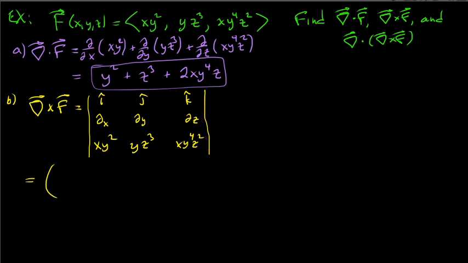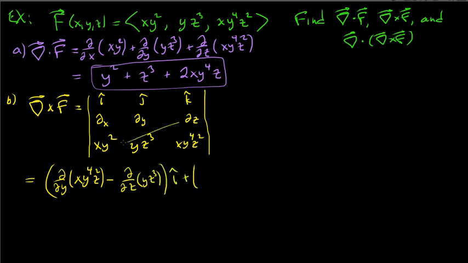And I know I've been doing this awfully fast, but if I write this out step by step here, this could take forever. So we're doing the y partial, I guess I'll do it, in case I lost some of you in the previous problems. Right, so this is the y partial of xy to the 4th z squared minus the z partial of yz cubed. And that's just the i component. To get the j component, we do this determinant.